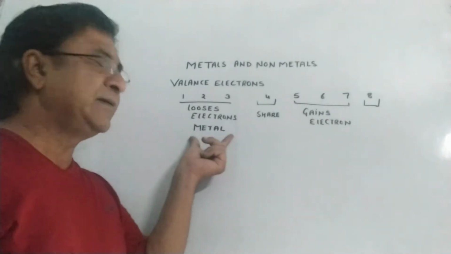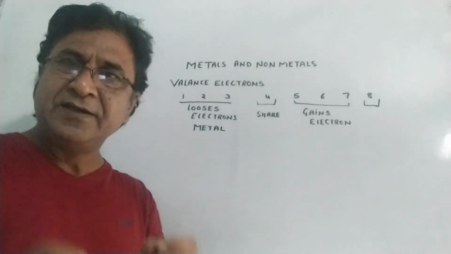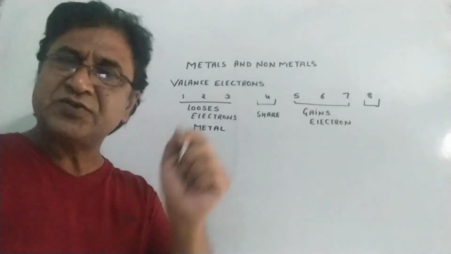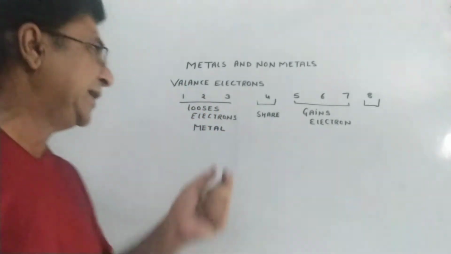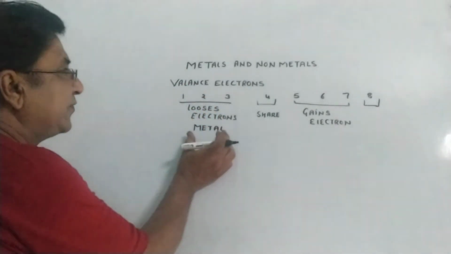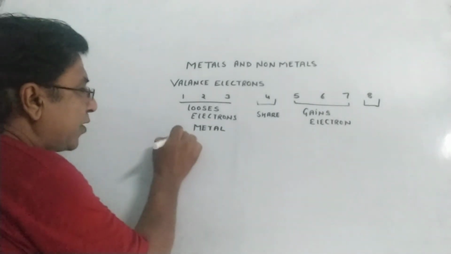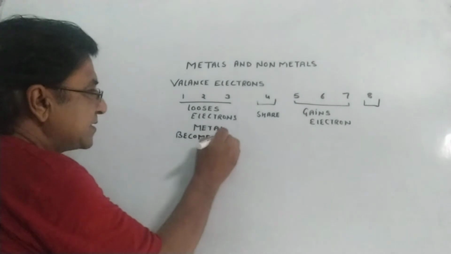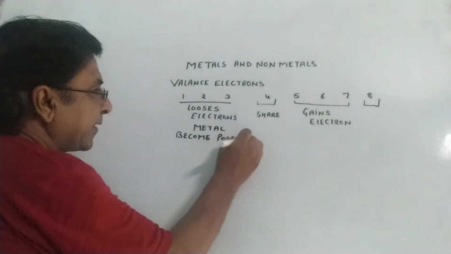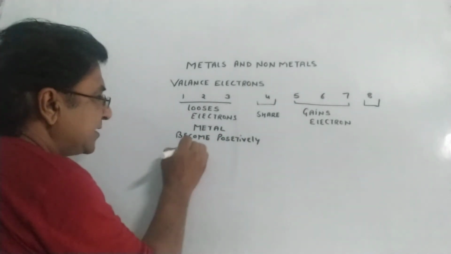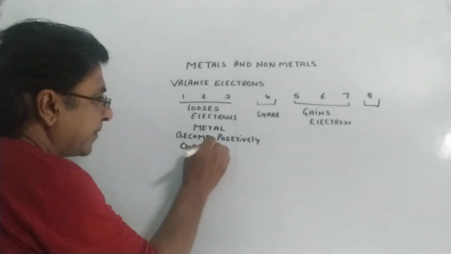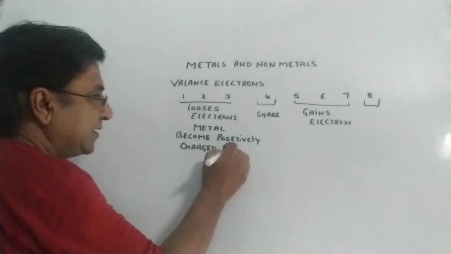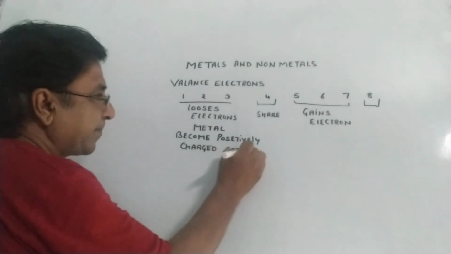But when an atom of the element loses electron, it is losing its negative charge. So negative charge is coming down. That means this atom of the element will become a positively charged ion, and positively charged ion is called cation.